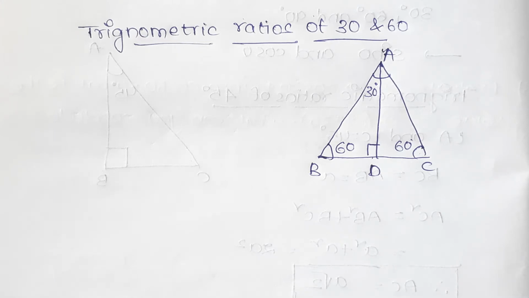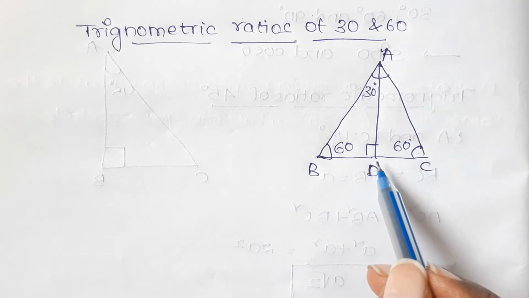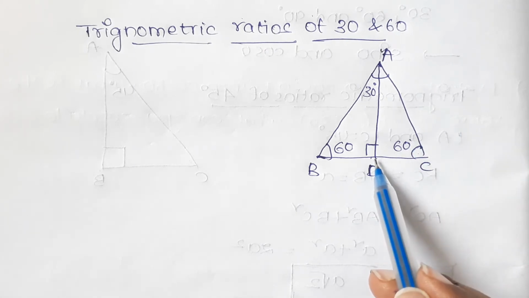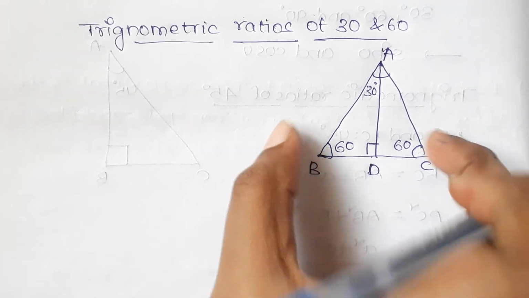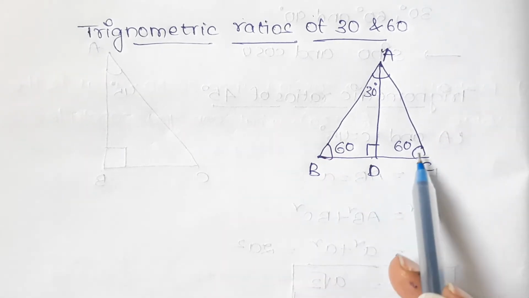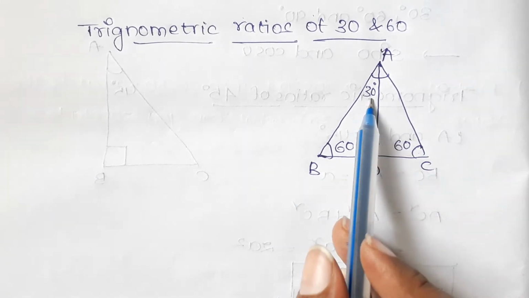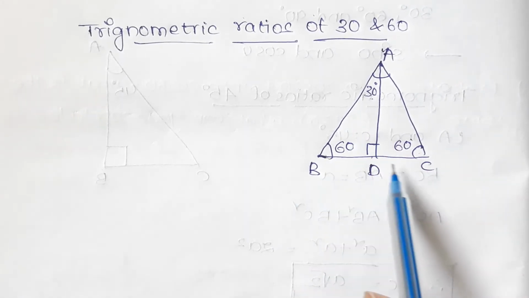In order to calculate them, we should take an equilateral triangle. Here is the triangle and we should draw the perpendicular line which can divide the triangle into two equal right angle triangles. Here each has the angles of 30 degrees, 60 degrees and 90 degrees.